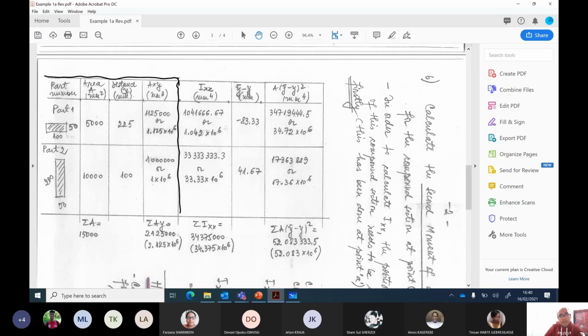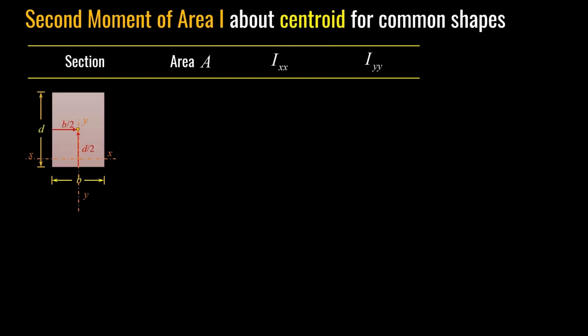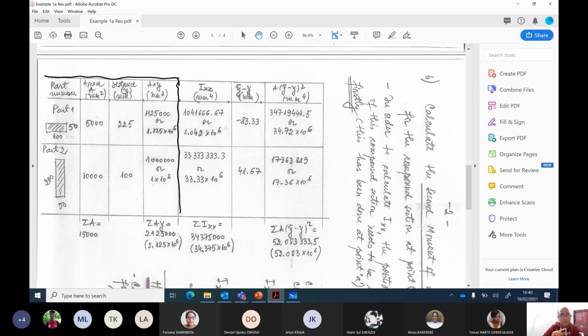Whatever elements I have in the compound shape, I will work out the second moment of area individually. Remember my words, I have to work out the second moment of area for that particular element, not the entire compound shape. I is equal to bd cube over 12.